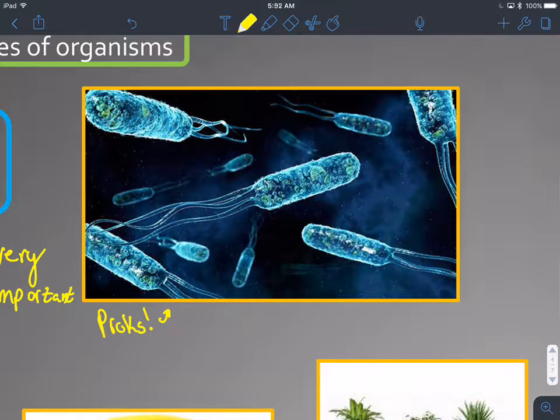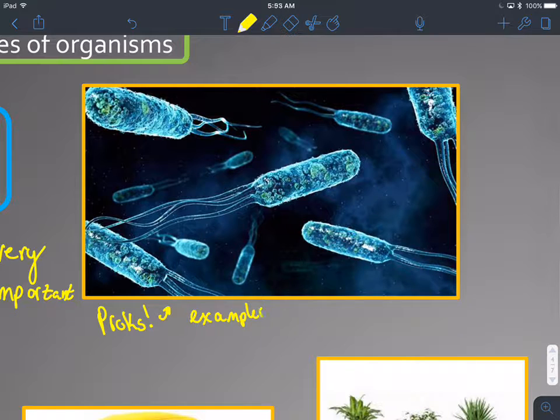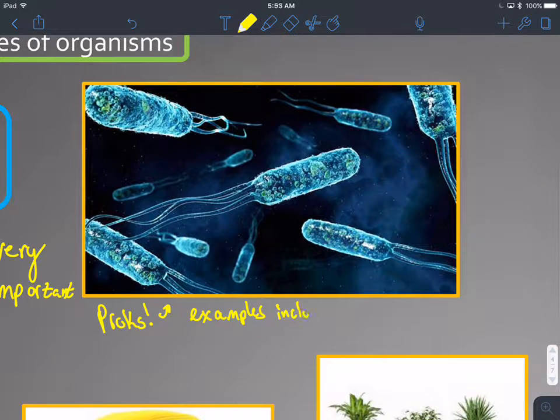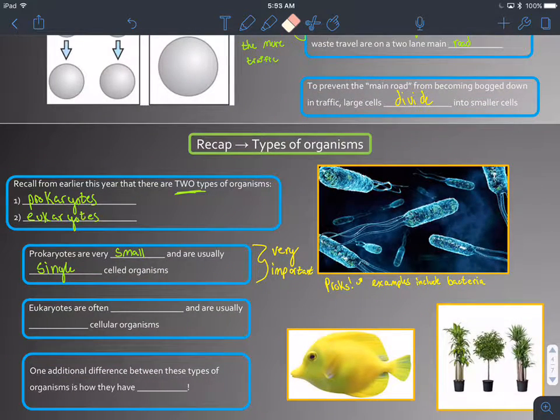Examples include things like bacteria and protists. Okay, so stuff like bacteria basically is what a prokaryote would be. And you can see it right there. Single-celled, that's the key.